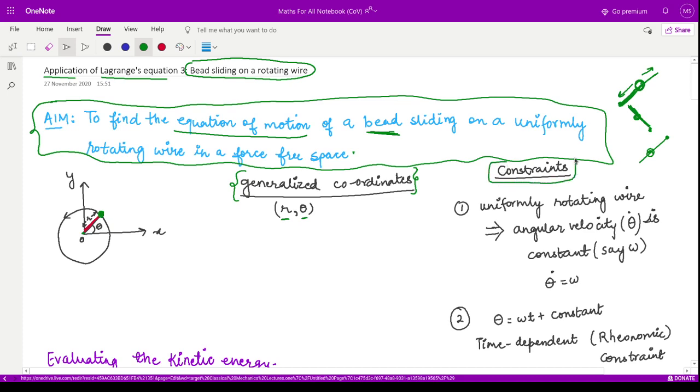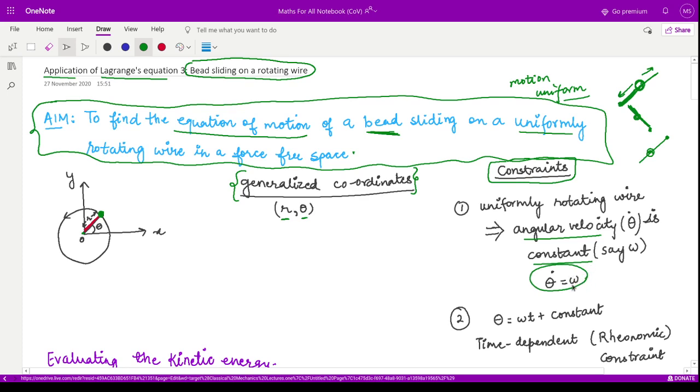What constraints are involved with us? The first constraint is that in the question you must have noticed we are given a uniformly rotating wire. That means the motion associated with it is a uniform motion. So for uniform motion we say the angular velocity theta dot is constant. So theta dot is equal to omega, where this omega is constant.